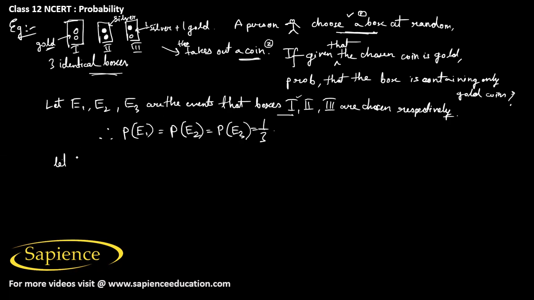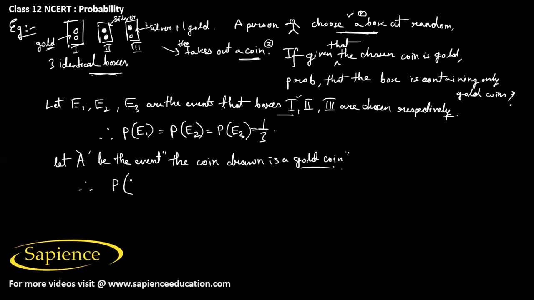Then let A be the event that the coin drawn is gold. The coin drawn is a gold coin. So the probability of choosing a gold coin, given that we choose box 1, is obviously 2 by 2, since there are 2 gold coins and we have to choose 2, so it is 1.